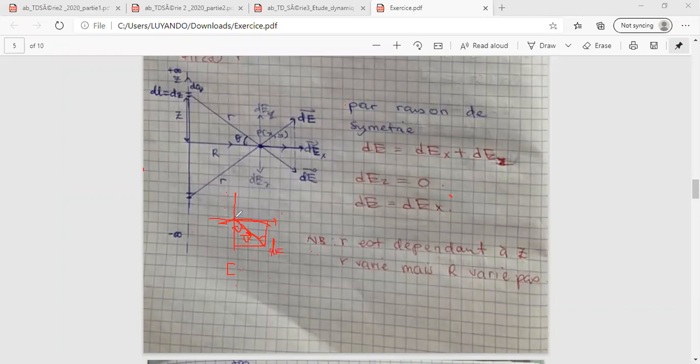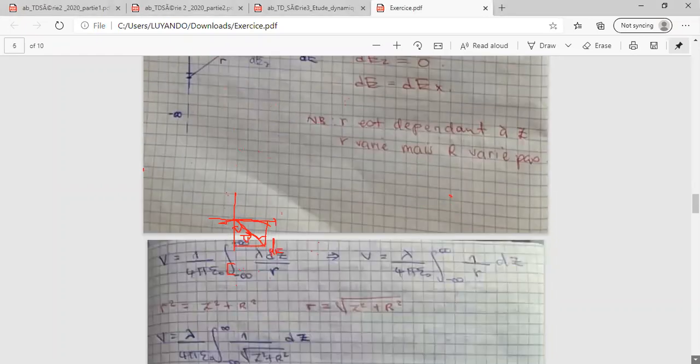And I'm going to have my adjacent, which is cos, in the x direction. So I have u equal to sine theta in the k direction and cos theta in the i direction, which is the x direction. This is what I have here. So I go back to my expression.